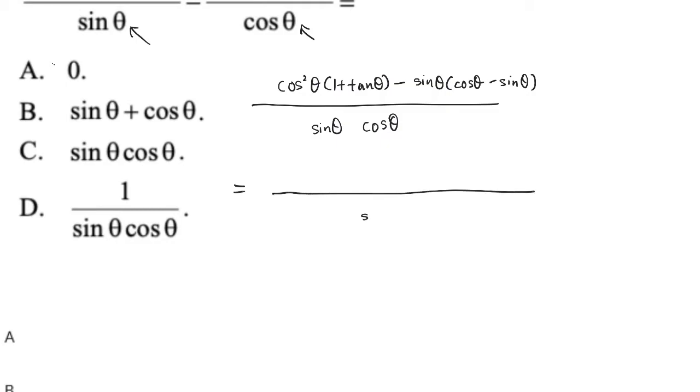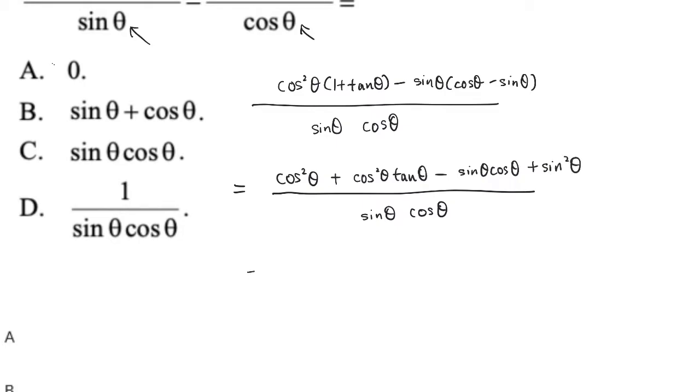You have sine theta cosine theta for the denominator. For the numerator, now you have cosine square theta plus cosine square theta times tangent theta minus sine theta cosine theta plus sine square theta.